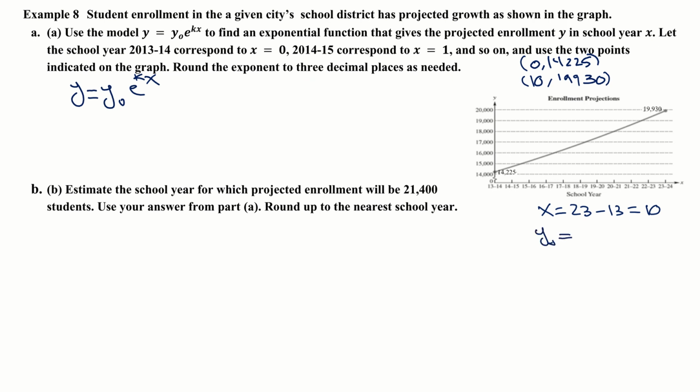Save some space up there. All right. And we're ready to go ahead and substitute to find the value of k, right? So we know that when x is 10, y is 19,930.